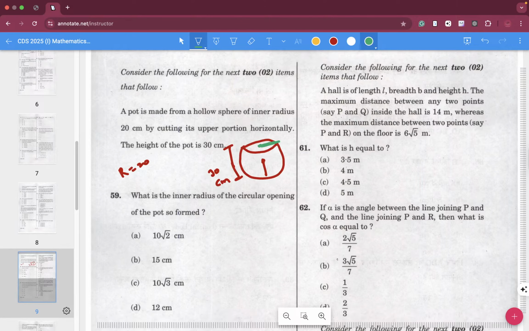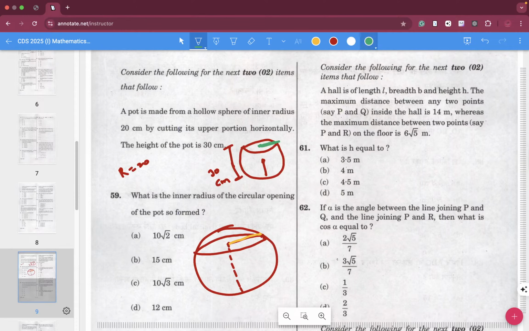So now let me draw this one again a little bit more clearly. So this is your pot, isn't it? Now they have asked to find out what is this value in yellow. Now can I draw a line like this?